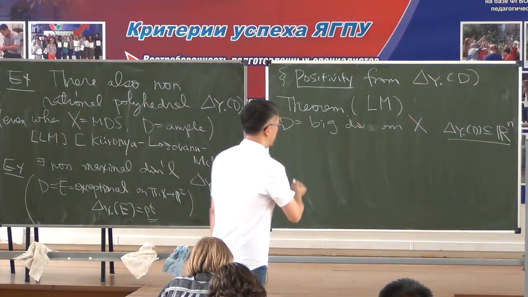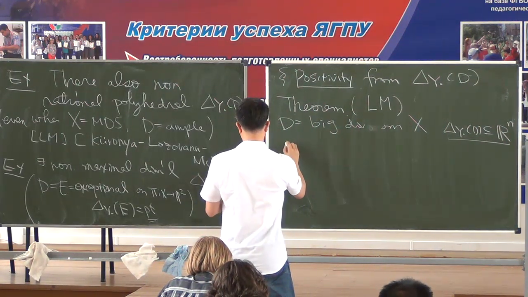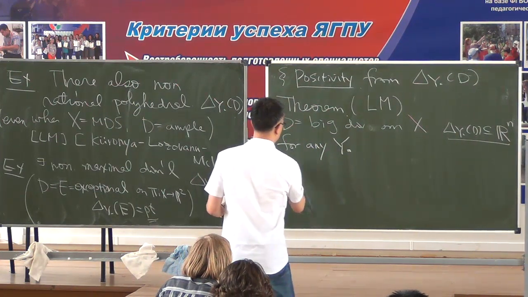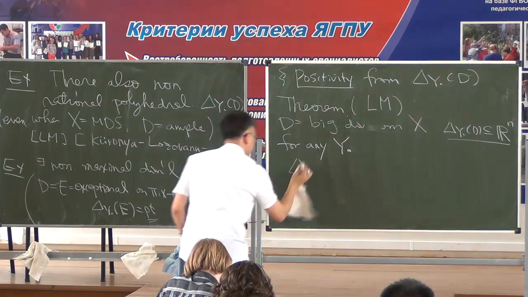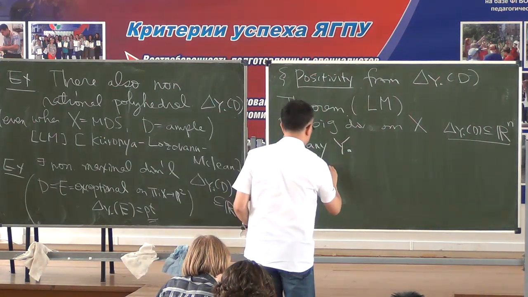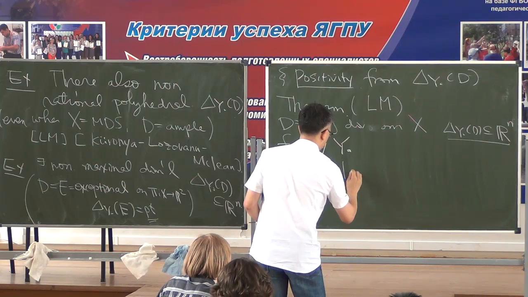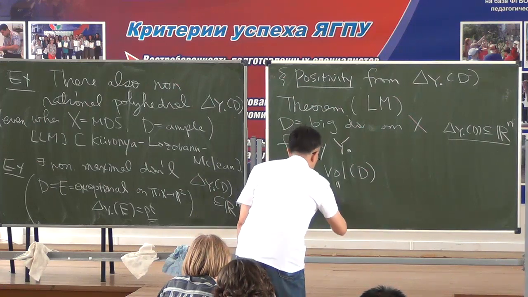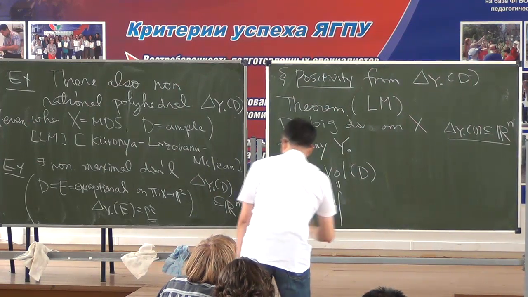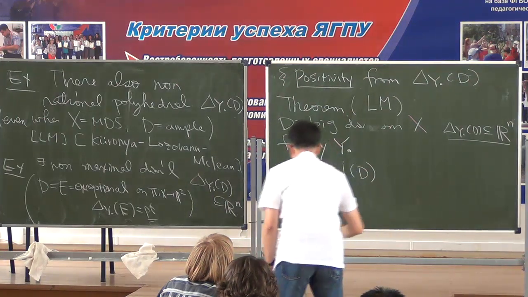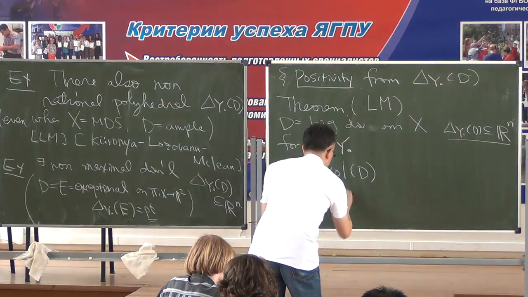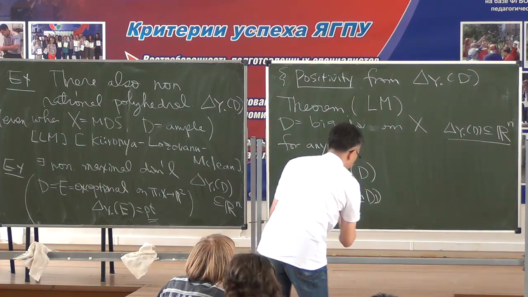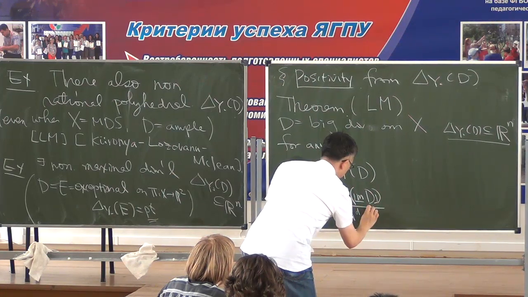They show that for any flag Y, the volume of the divisor D, let me define this, is the limit, actually a limit, of h0(mD) over m^n/n!.